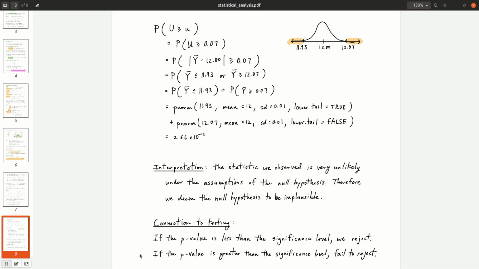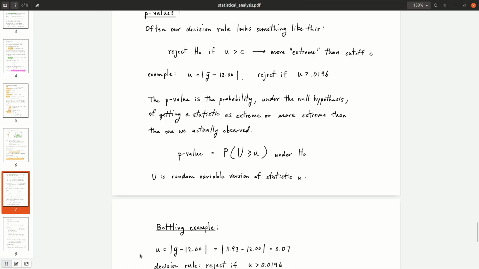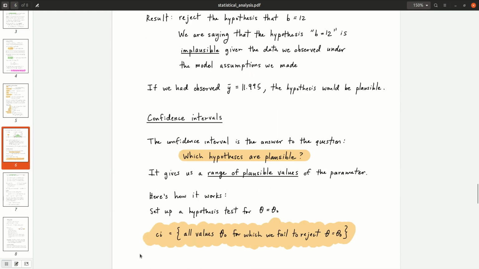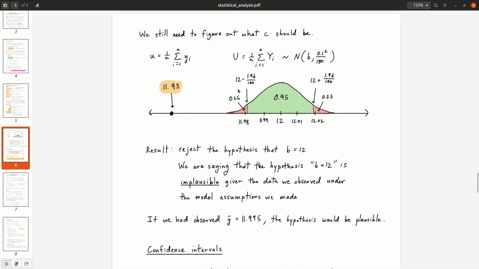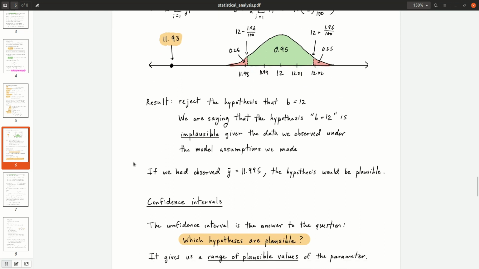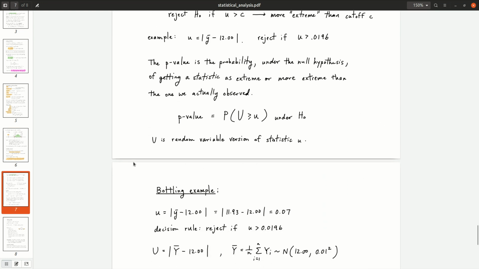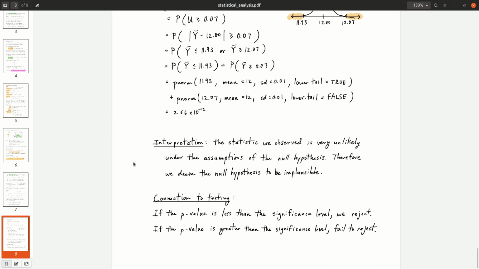One of the annoying things about hypothesis testing is figuring out what this cutoff has to be, and so I skipped it in this lecture. But the cool thing about p-values is that they allow you to avoid figuring out that cutoff. All we have to do is compute the p-value, and then check whether it's less than 0.05 or not.